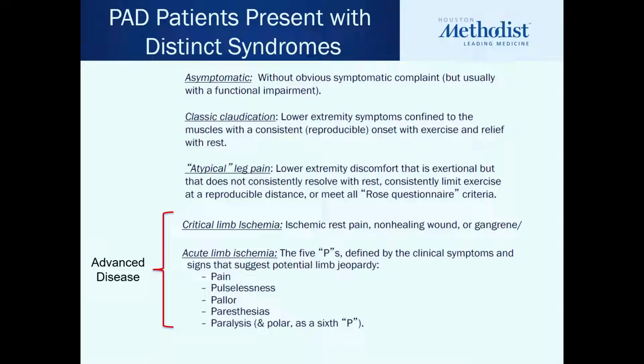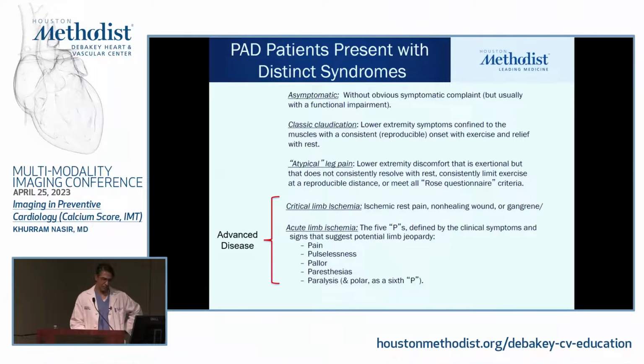This is where you're going to be getting in touch with your interventionalist, your vascular surgeon. These are patients with acute limb ischemia who present with the 5 Ps: the pain, the pulselessness, the pallor, the paresthesias, paralysis. These are probably readily tested board questions, or at least were on the steps that you have already taken.